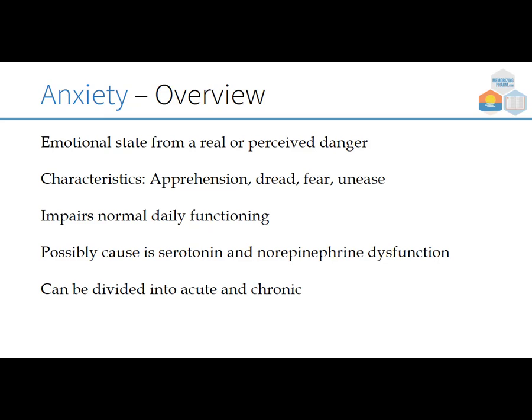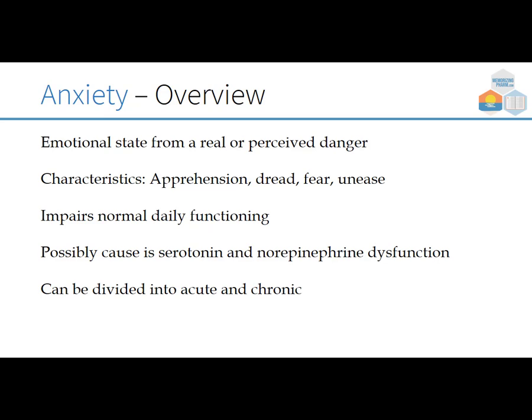So when we're talking about how these drugs work, if we see that there's serotonin and norepinephrine dysfunction, then we know that maybe we could use something like SSRIs or SNRIs to treat, if that's the underlying cause. And we can talk about it as acute or chronic. So an anxiety where certain instances or certain issues cause the anxiety is acute, versus something chronic where we have something that's a long-standing issue.